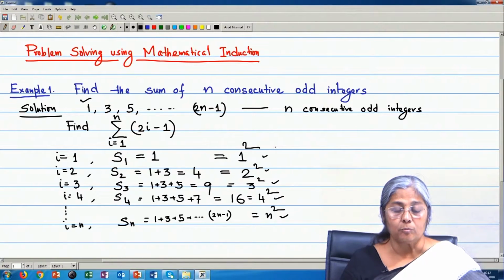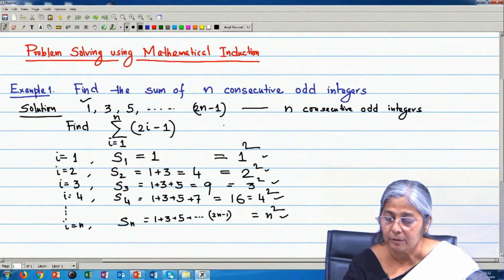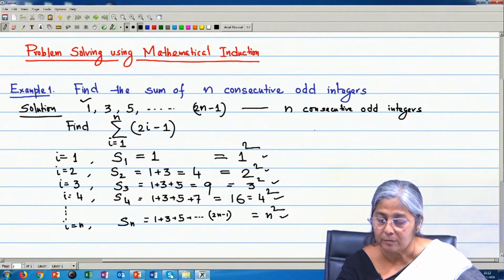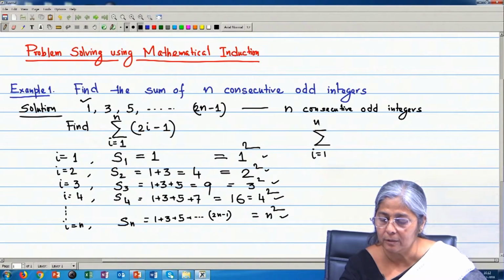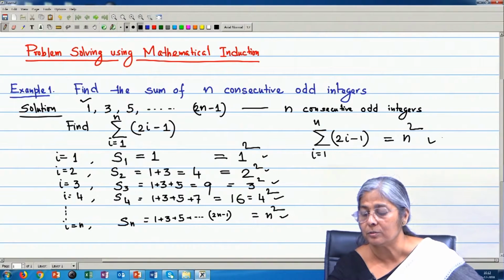Now, we have to prove by induction that this formula is indeed true. That means, the sum for i equal to 1 to n of 2i minus 1 equal to n square, whether this formula is true or not.